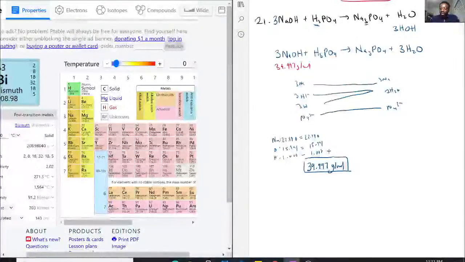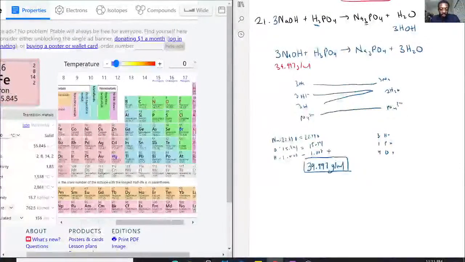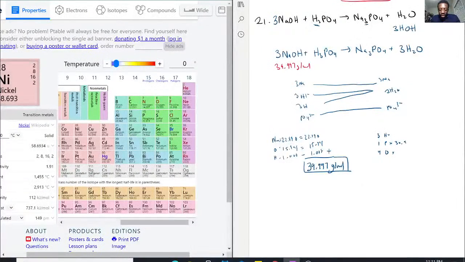H3PO4, that one, okay, it'll be 3H, because that's H3, and then 1P, and then 4 oxygen. Phosphorus is 30.974, the hydrogen is 1.008, and the oxygen is 15.999. Then we multiply them. That'll be 3.024, just double check, yep.